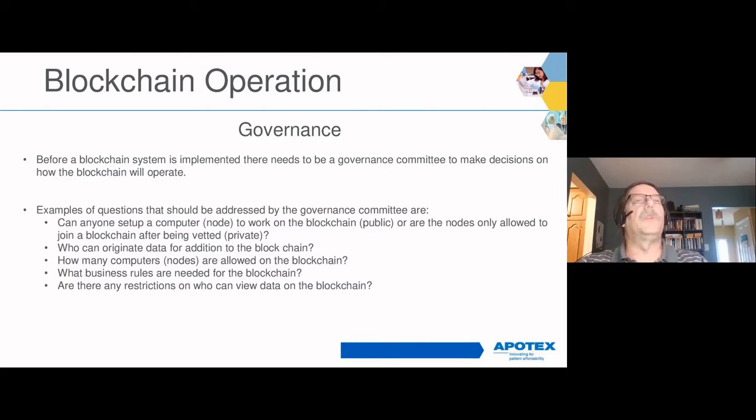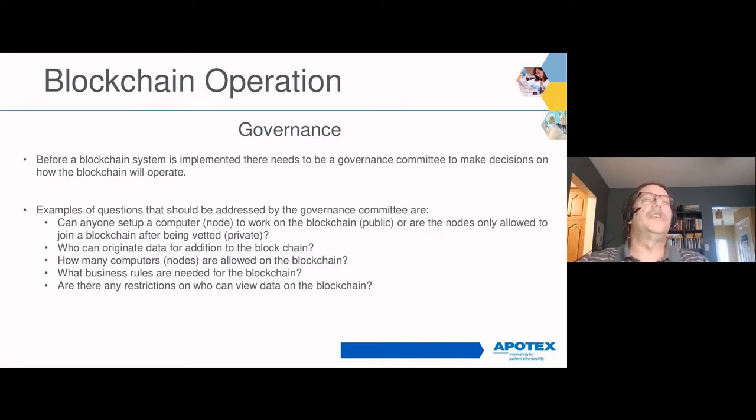So can anyone set up a computer or a node on the blockchain, which means it's public? Or are the nodes only allowed to join a blockchain after they've been vetted by either the governance committee, or if it's large enough, there may even be a membership committee that works on that? And that's a private blockchain.